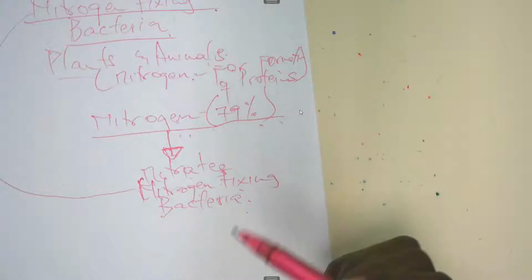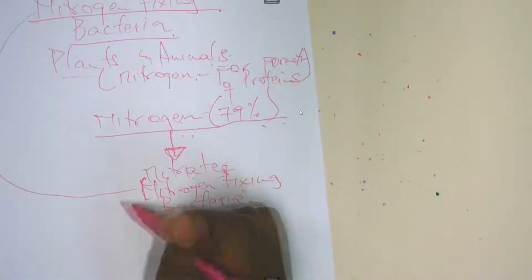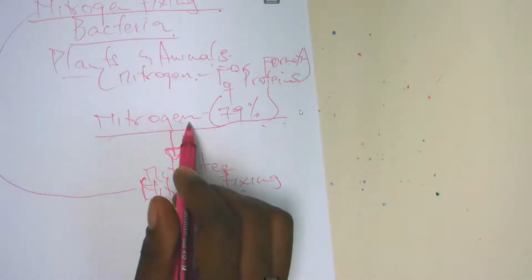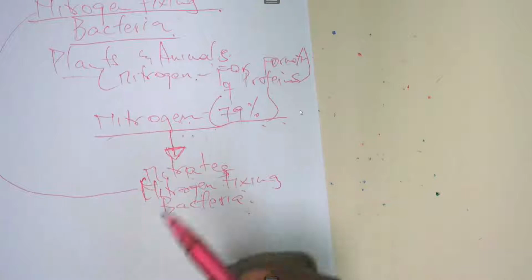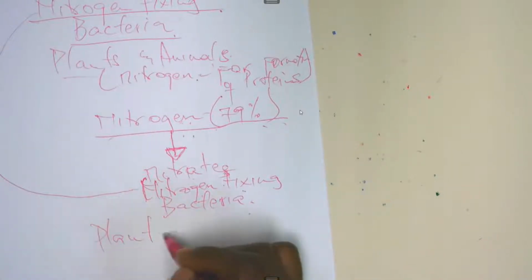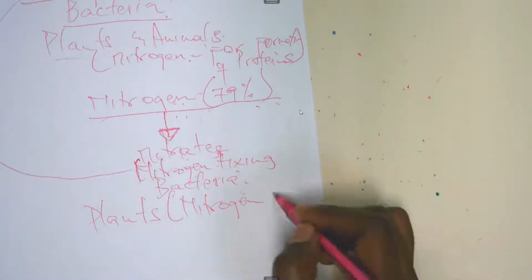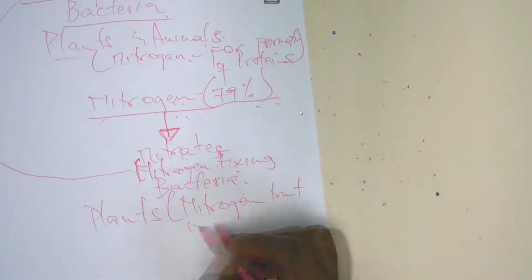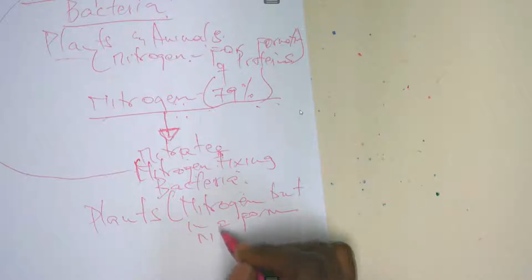And after that, this is what is going to happen. Now plants will be able to absorb nitrogen, but in the form of nitrates.